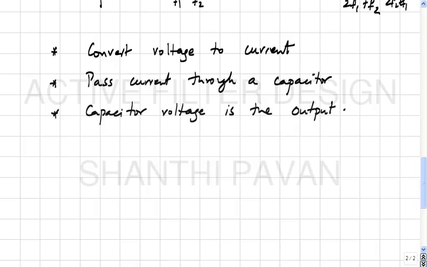Capacitor voltage is the desired output, right, but we want to use negative feedback. So, what kind of controlled source is this?